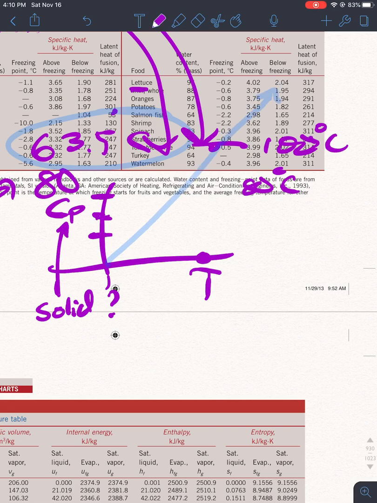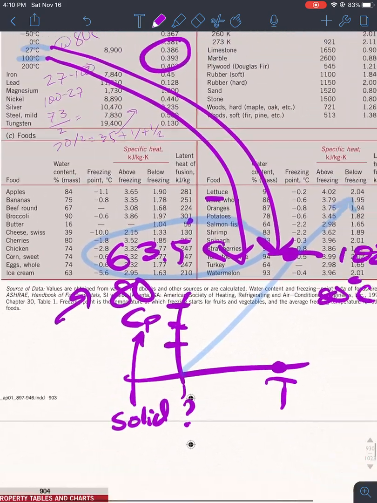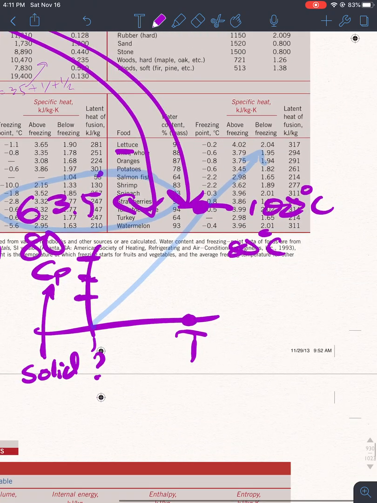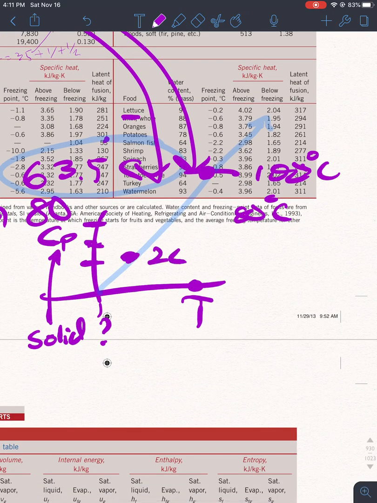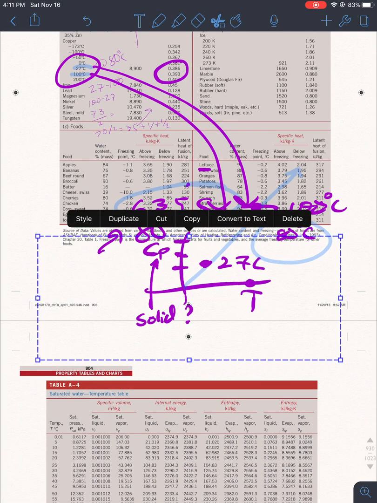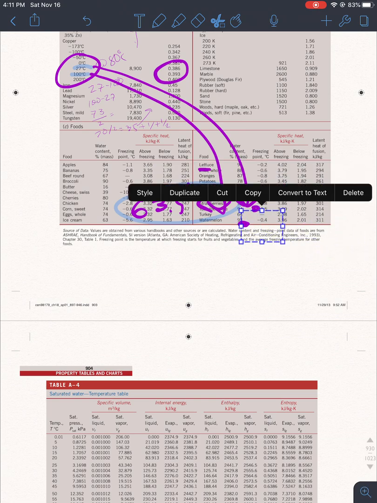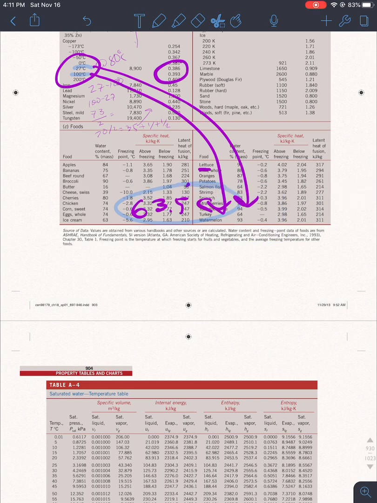Whatever, we're using blue. So if you say this is 100 up here, and over here this is 27, then maybe about there is 80C. Let's erase that, it's too messy. All right.